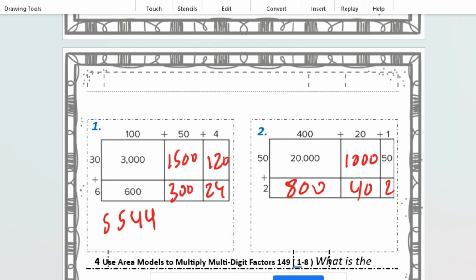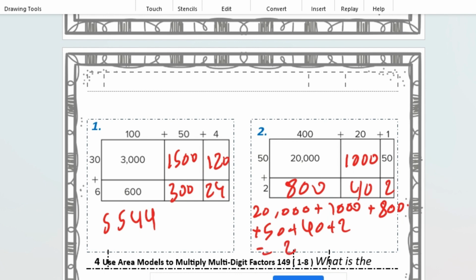Now we're just going to add 20,000 plus 1000, which will be 21,000, plus 800, which will be 21,800, plus 50, plus 40, plus 2, which will give us 21,892.